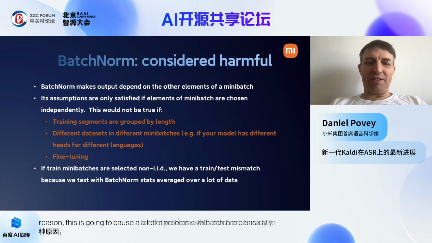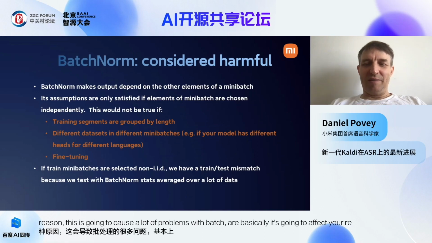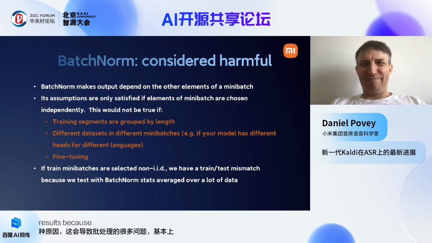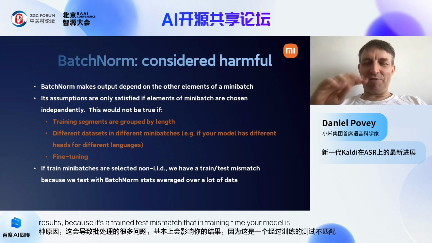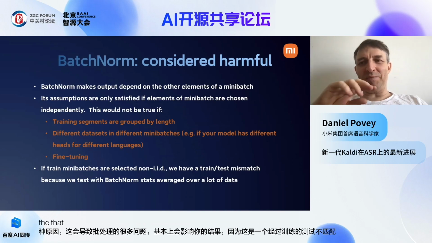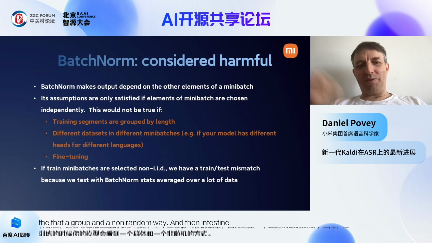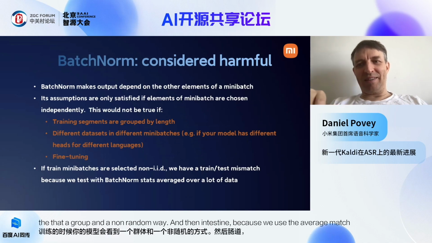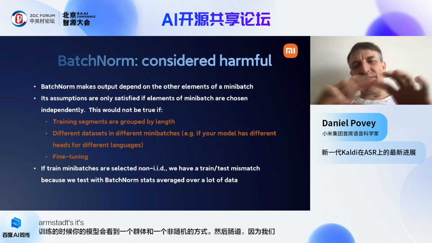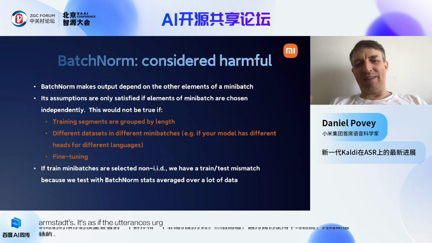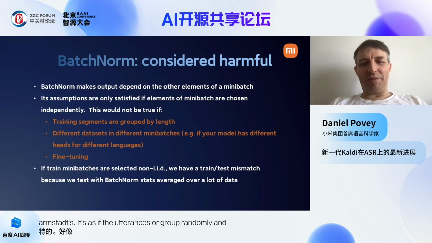Basically, it's going to affect your results, because it's a train test mismatch. In training time, your model is seeing utterances that are grouped in a non-random way. And then in test time, because we use the average BatchNorm stats, it's as if the utterances are grouped randomly, and it will affect the results.